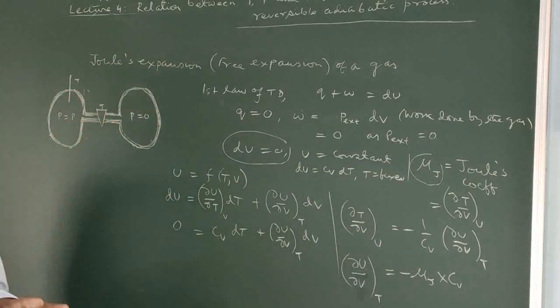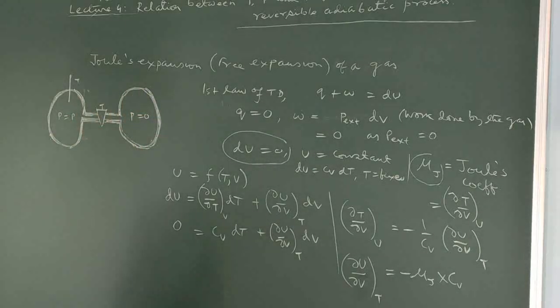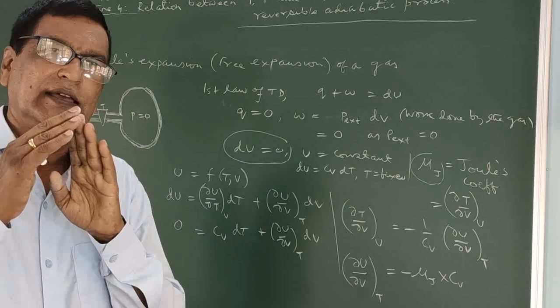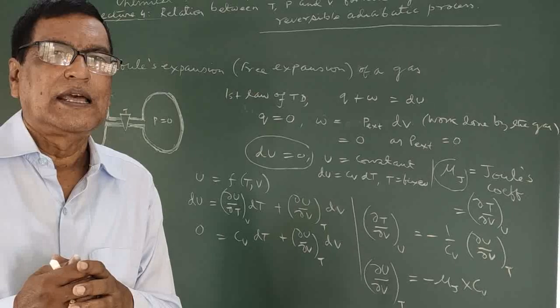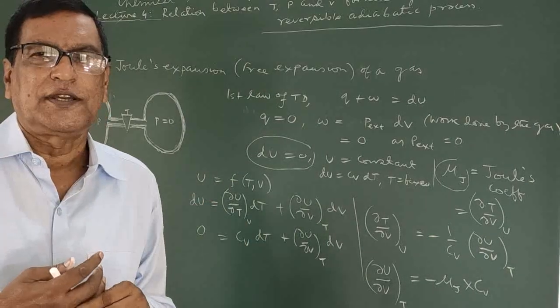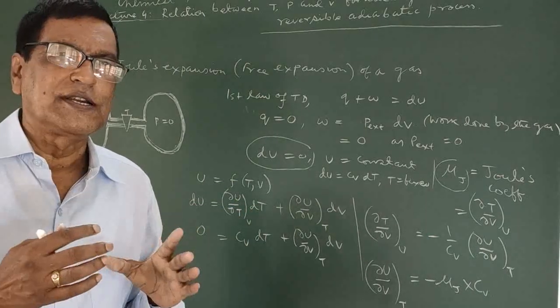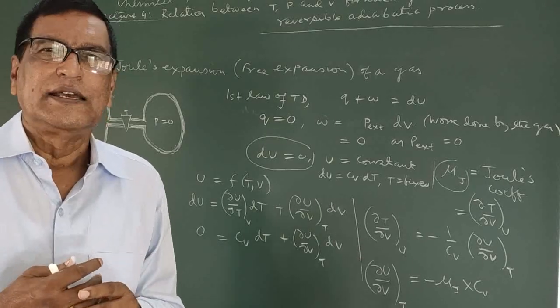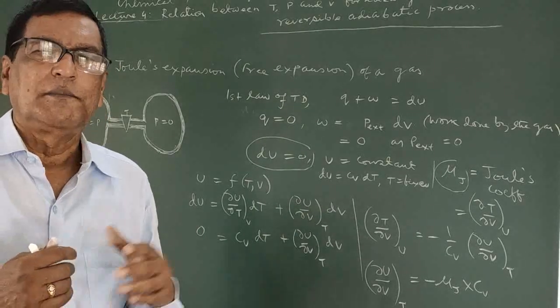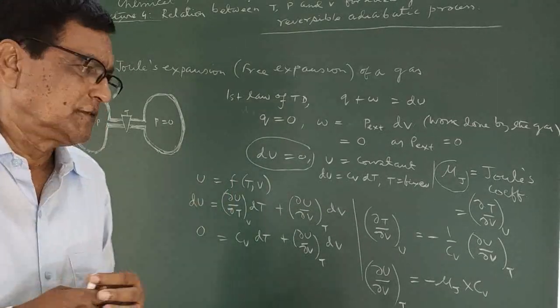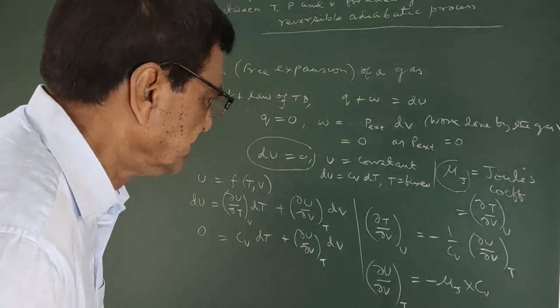So this process is very unique in the sense that it is isothermal as well as adiabatic. No such process normally occurs which is simultaneously adiabatic and isothermal, but it is a special case you can consider.